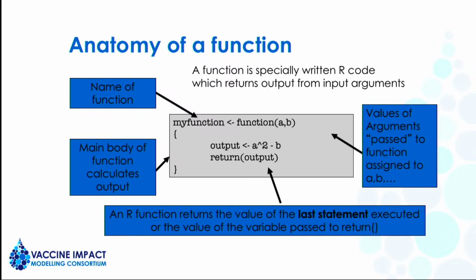And then all functions need to have a return statement, in any sane programming language, which says explicitly: this is the output that I want to pass back when the function is used. R is a little bit special in that if you don't have a return statement, it will just return the last line of your code, which is kind of convenient.